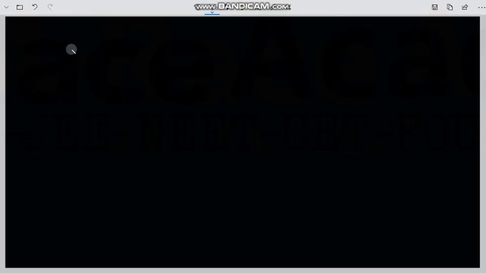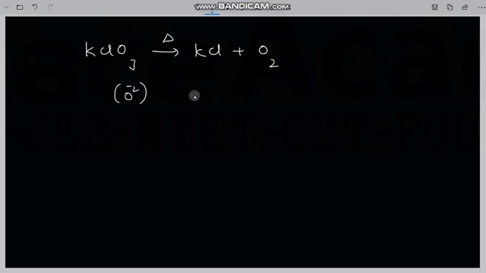And last but not least, we have one more very good example from the examination point of view, that is potassium chlorate changing into KCl and O2. In this decomposition reaction of potassium chlorate, oxygen is minus 2 on the reactant side, which changes to O2 on the product side where the oxidation state of oxygen is 0.